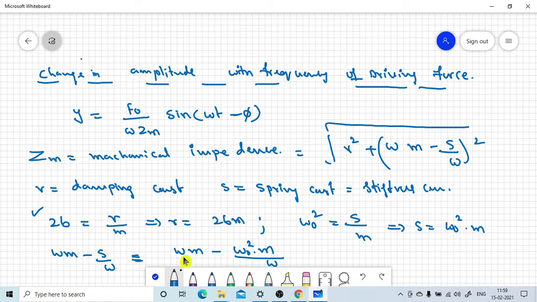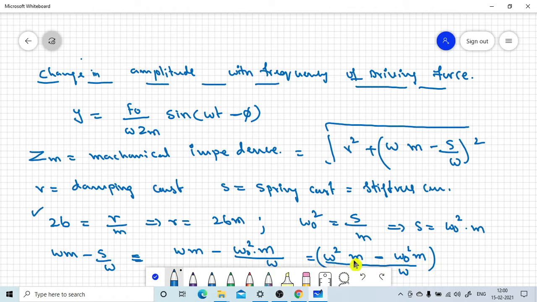Taking omega to this side, we get omega square m minus omega naught square m, divided by omega. We got it like this.